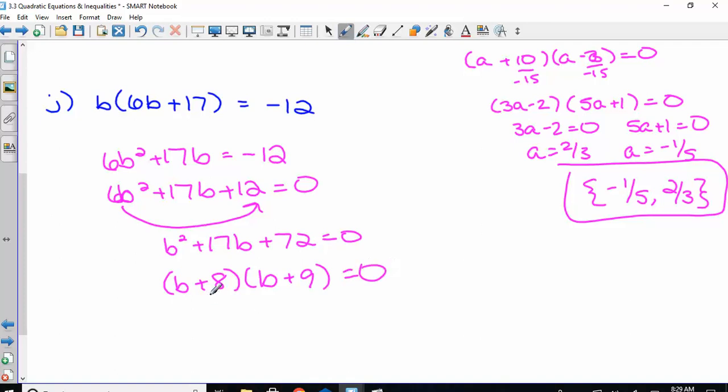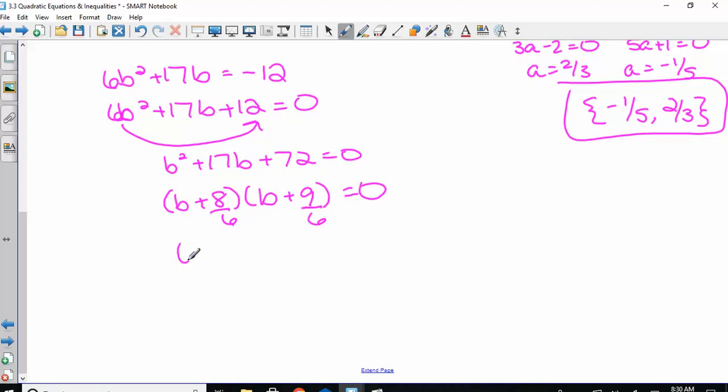And then what do we have to do? Divide by 6. I forgot to divide by 6. All right, so 8 over 6 reduces to 4 over 3. 9 over 6 reduces to 3 over 2.